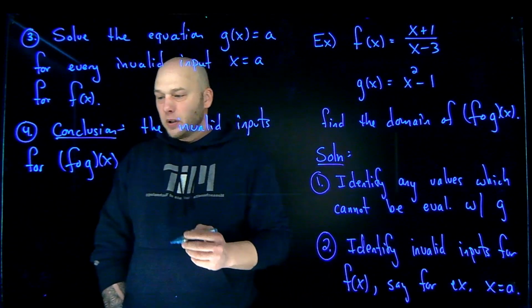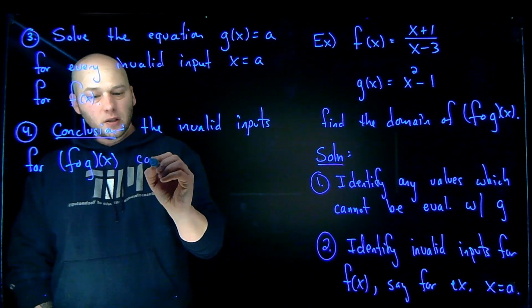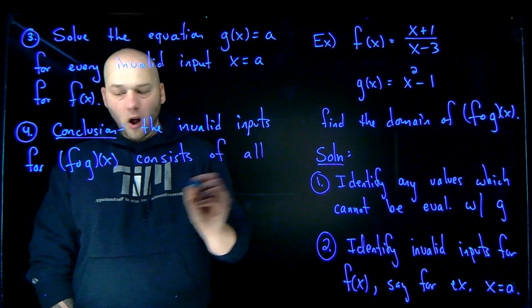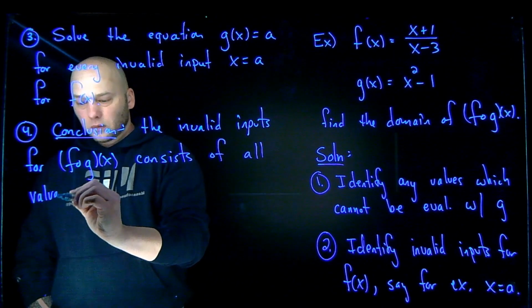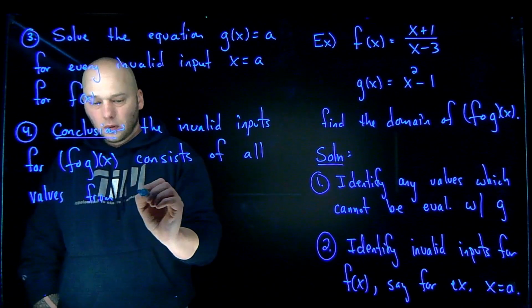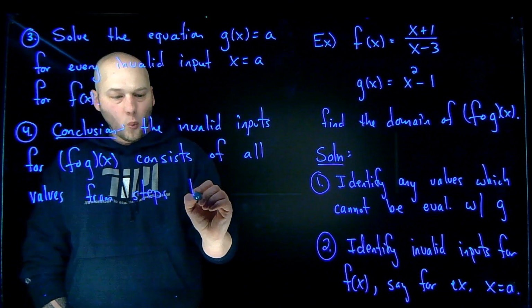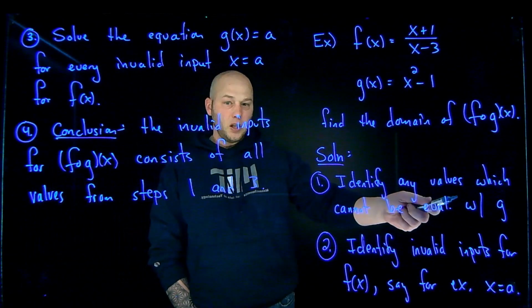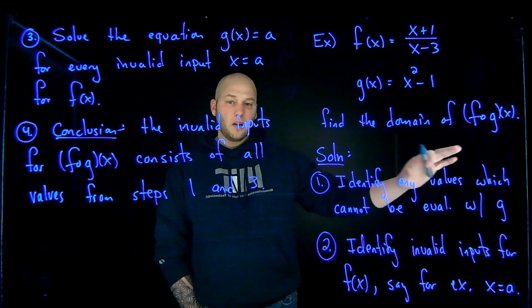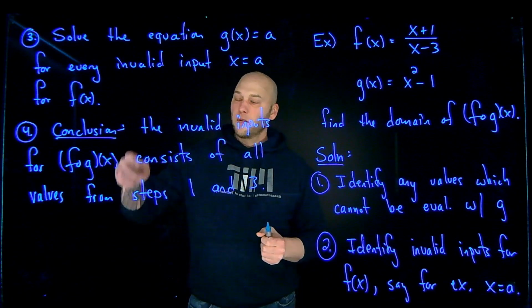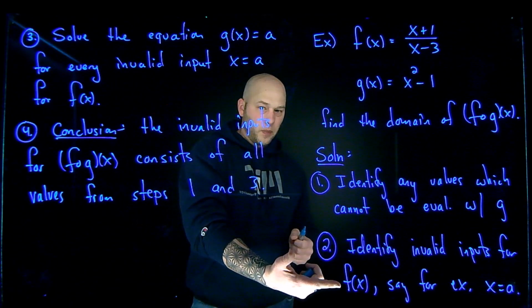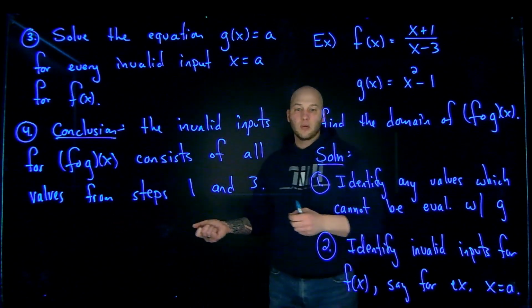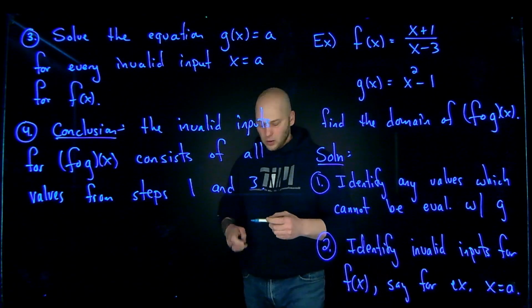The invalid inputs for f composed with g consists of all values from steps 1 and 3. If I can't plug it into g, then it's eliminated from the domain of the composition. If there's a number that I can't plug into f, and there's something that generates that function value through g, then I also have to eliminate it from the domain.